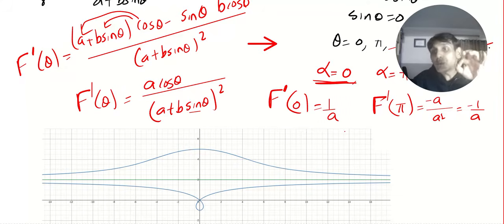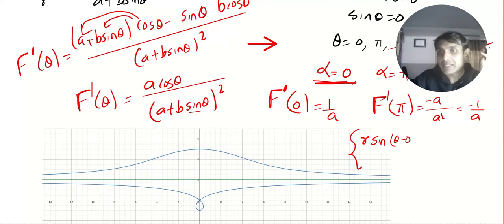The asymptotes are, I expect I'll get two asymptotes. So the asymptotes are r sin θ minus 0 is equal to 1 by a, and r sin θ minus π is equal to 1 by minus a.